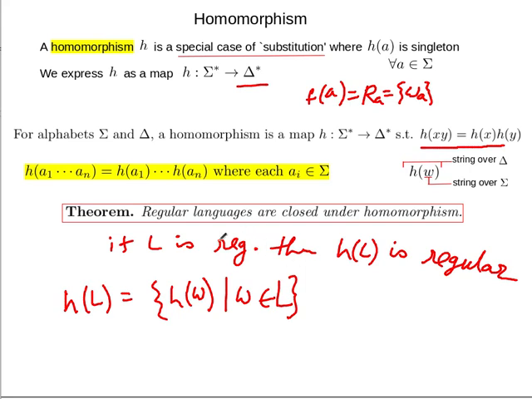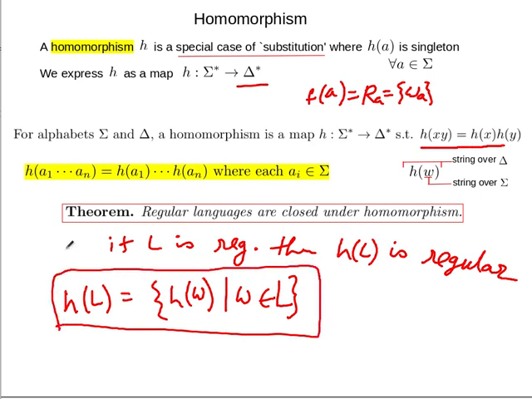So if you just have a singleton set, instead of taking a big union outside, you take just all those elements. So this is the definition of h(L). And by the previous thing, you also have this closure.